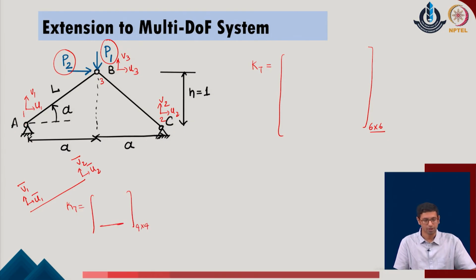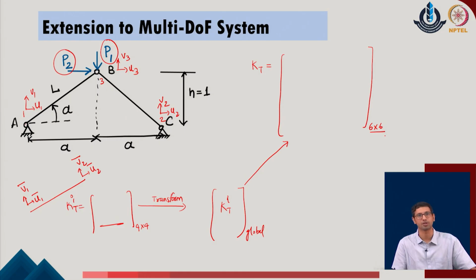From this 4 cross 4 matrix for each member, I need to now convert for the assembly. First we need to do the transformation, convert this KT matrix for element i in the global directions, and once we have the global stiffness for the given member i, we assemble for all the remaining members and get the total KT matrix for the global system, which comes out as a 6 cross 6 matrix.